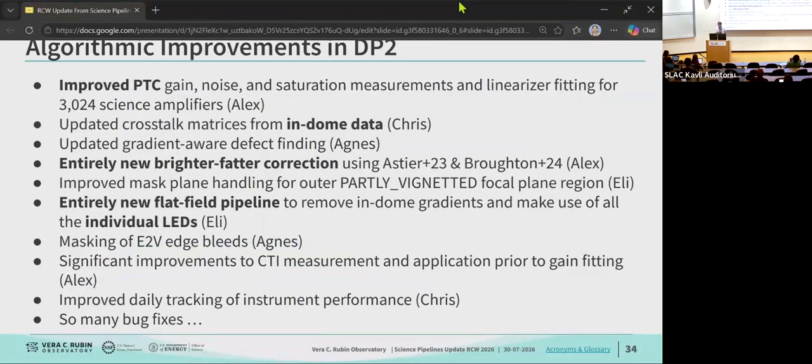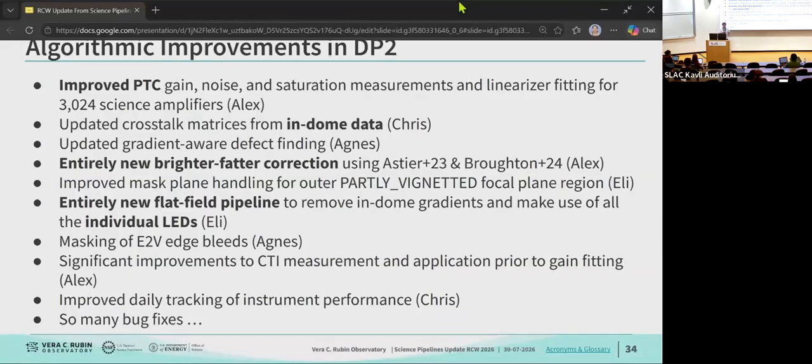We've also, thanks to new dome calibration system upgrades, updated crosstalk matrices. We also now have improved defect finding thanks to Agnes that can better capture the myriad defects that we have in the LSST camera.